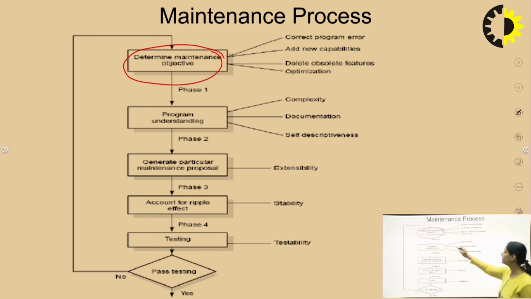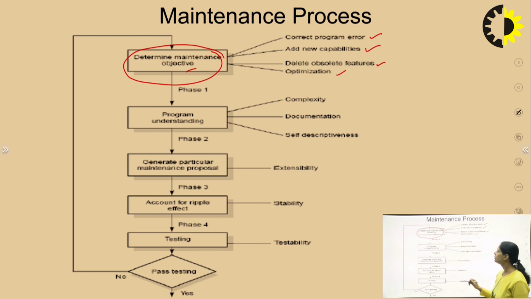So we need to identify what the maintenance objective is. The objectives could be to correct the program errors, to add new capabilities or new features, delete obsolete features which are no longer in use, and optimization.